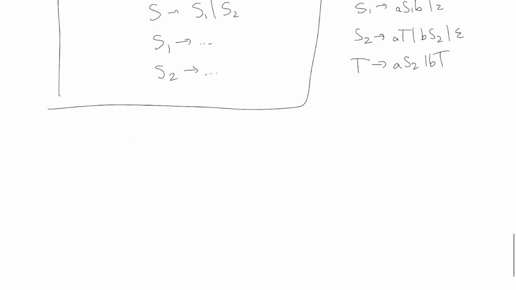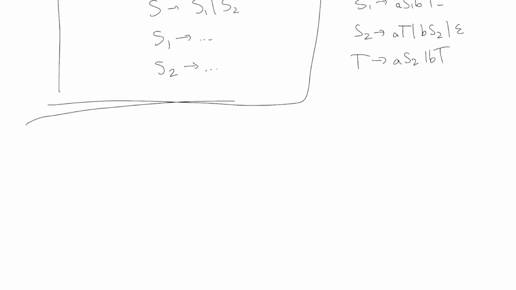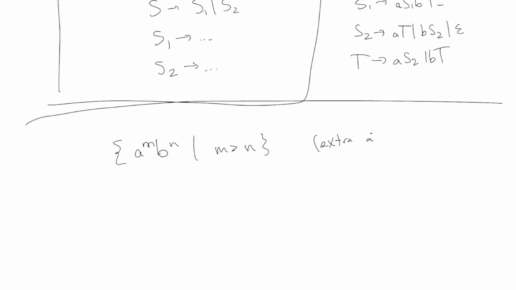Let's try. This is just kind of a rehash of one that we did before, but I wanted to see how did I write this before? A to the M, B to the N, where M is greater than N. This is the one with extra A's, right? Now, you can think of this as just a purely balancing with extra A's, as the way that we did a few minutes ago.